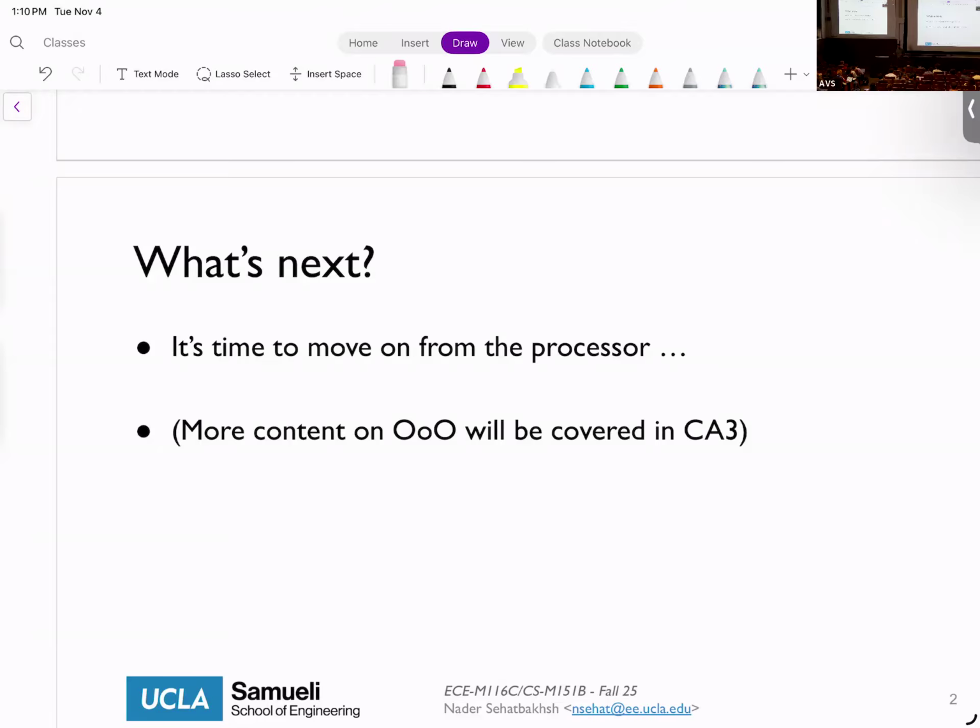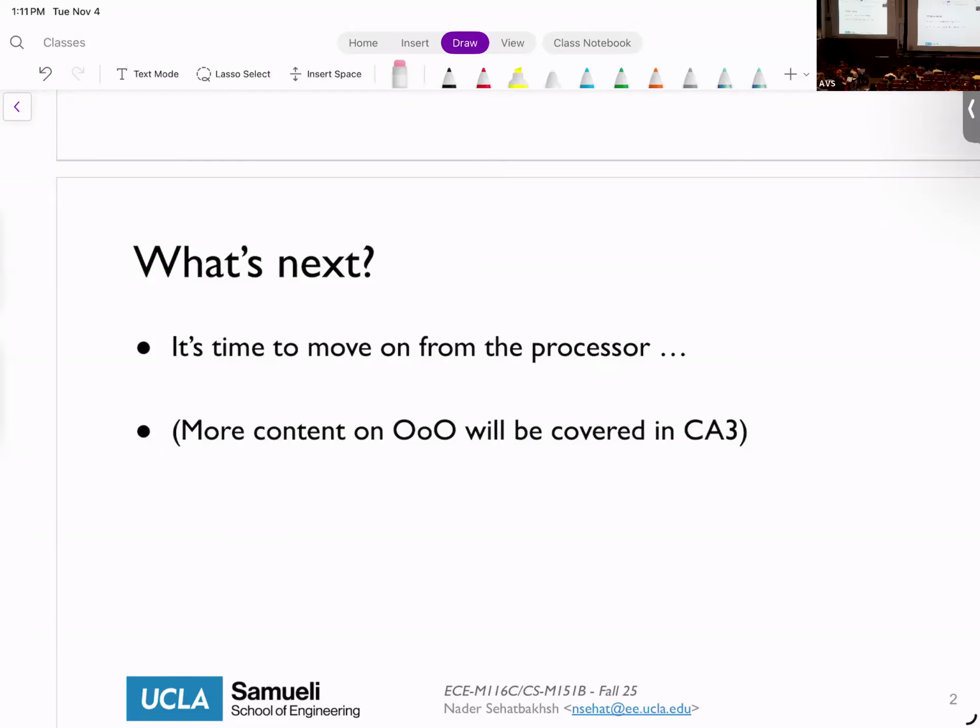Previous lecture was about all these advanced topics that we talked about. It's important to know a little bit of that, but of course, many of these things you will learn more about when you actually use them in the real world. Some of it you're going to see in CA3, some of it you're not going to see until you start doing research or working in these companies. But I wanted to give you a big overview of how things are happening in out of order.